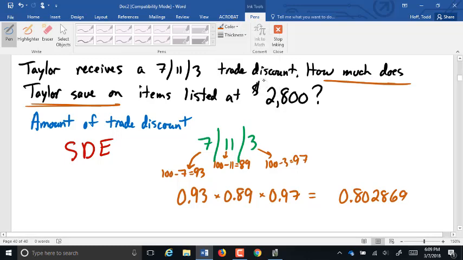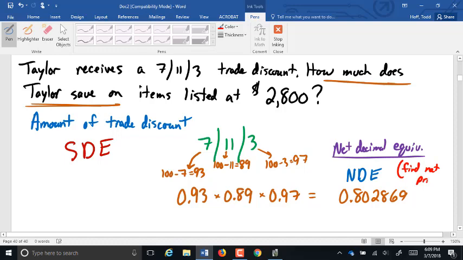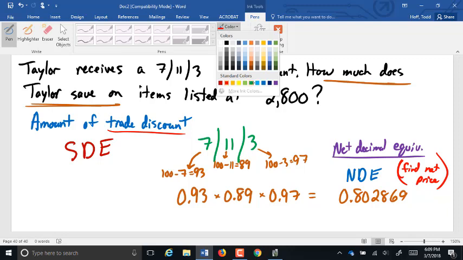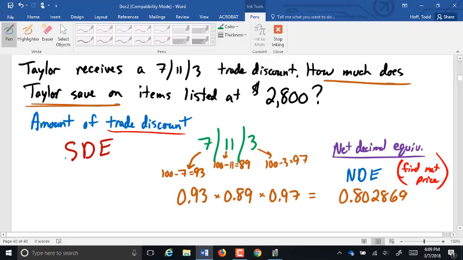That is the net decimal equivalent, NDE. Remember, the net decimal equivalent is used to find the net price. We're not looking for the net price, we're looking for the amount of the trade discount. So we need the single discount equivalent.